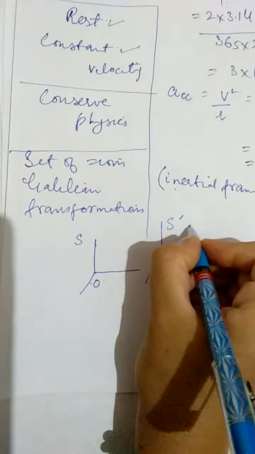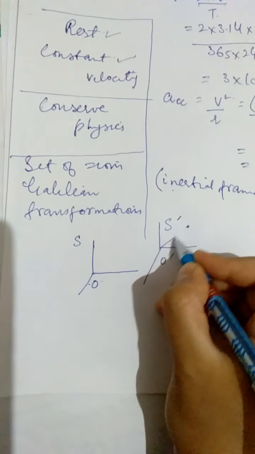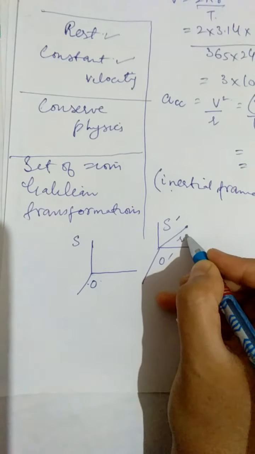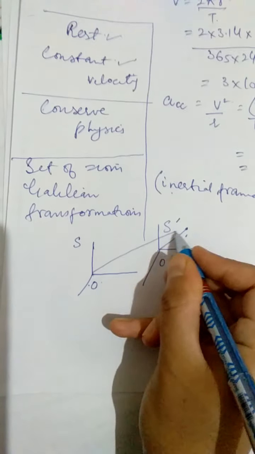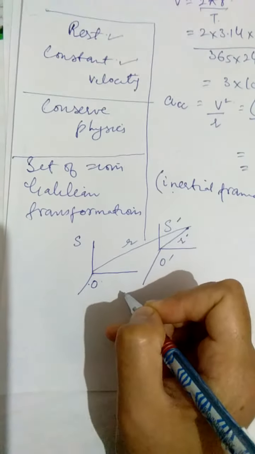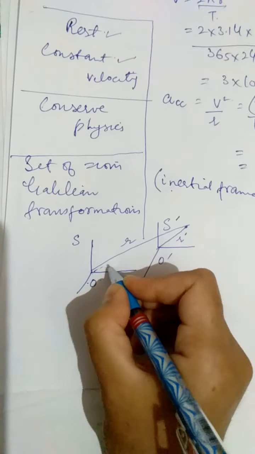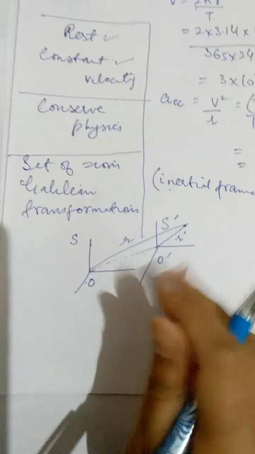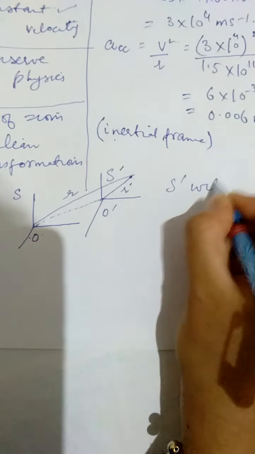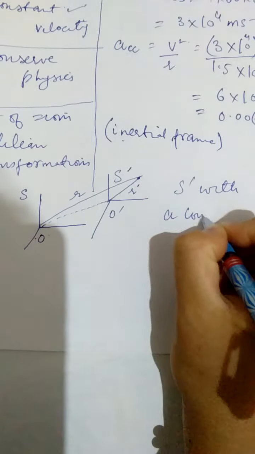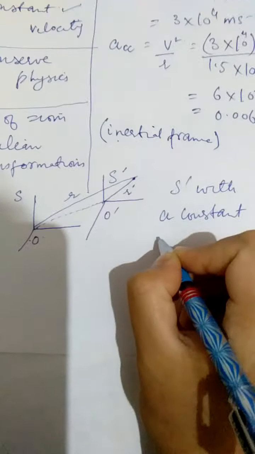Now choose any point. Suppose r dash is the position vector from this frame of reference and r is the position vector from this frame of reference, right? We can also choose to join these two. Remember that S dash is moving with the constant velocity, and that is the condition.